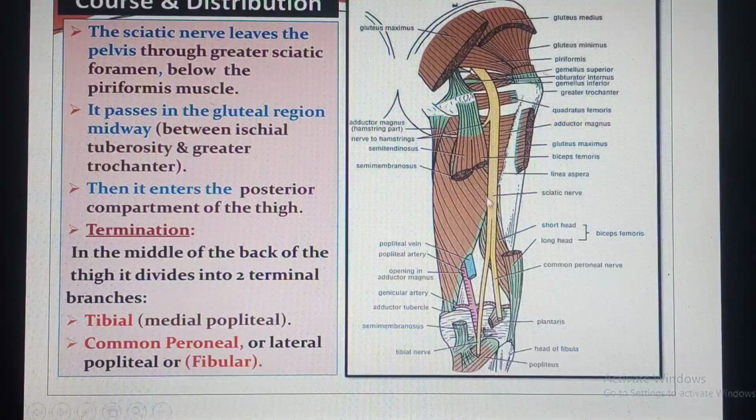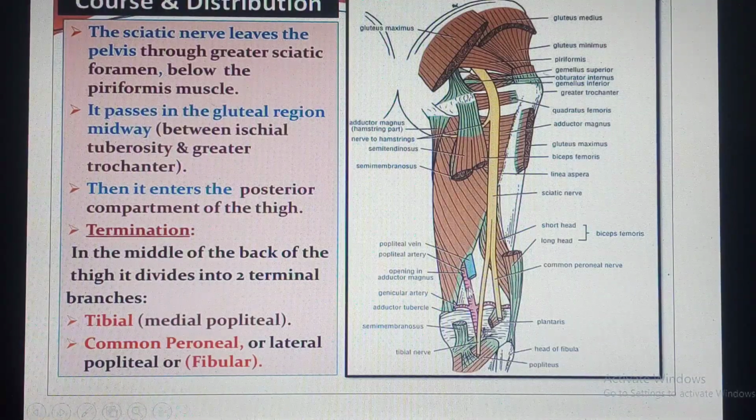In the posterior compartment of the thigh, just before you get to the popliteal fossa, it will bifurcate to give us a medial branch, which is the tibial nerve, and a lateral branch, being the common peroneal nerve.